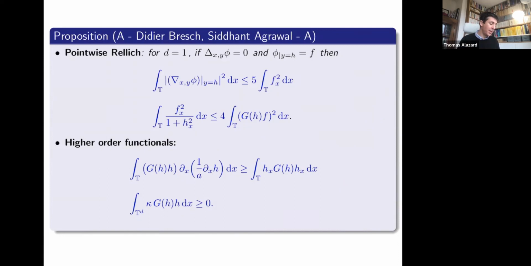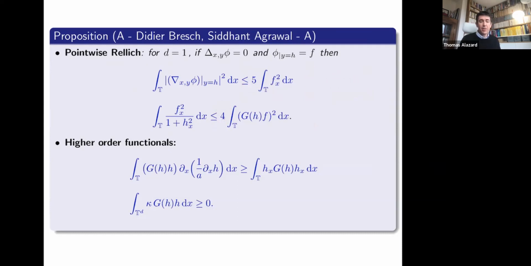We obtained some pointwise Riesz type estimates that are used in many questions in harmonic analysis. So we obtain estimates where the constants, when the dimension is equal to 1, are explicit and independent of the free surface parametrization. The proof is very simple, but the inequalities might be a little bit surprising.